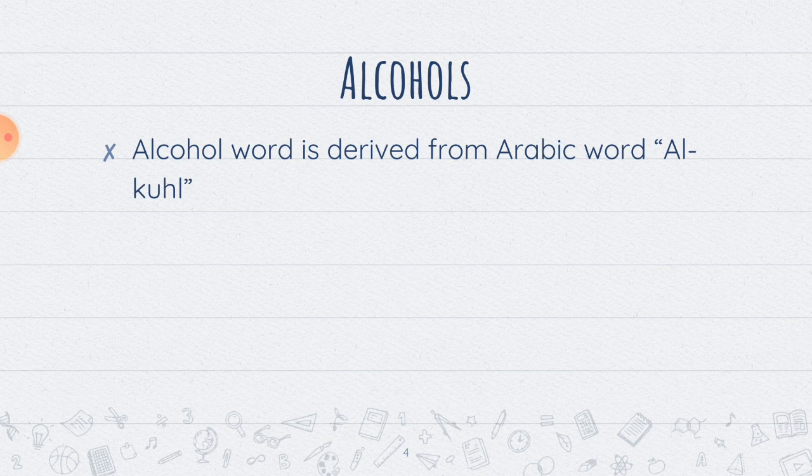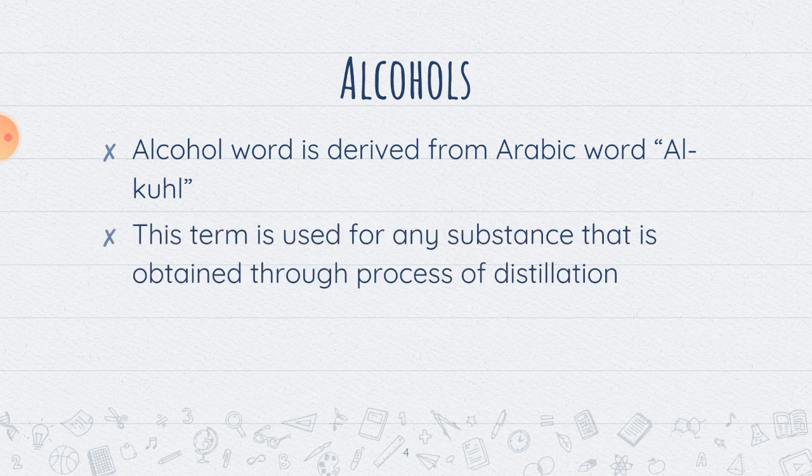The word alcohol is derived from an Arabic word. This word means fine powder or an essence. However, in chemistry, this term was used for any substance which is obtained through the process of distillation. For example, rectified spirit was considered an alcohol because it was obtained through distillation.